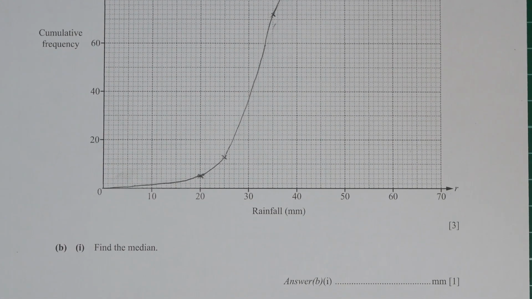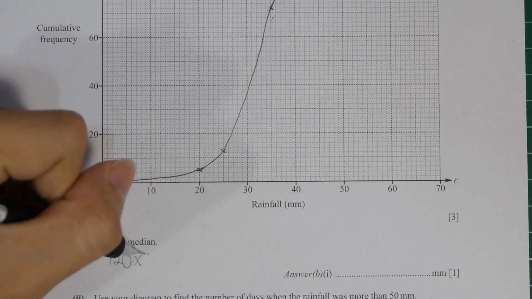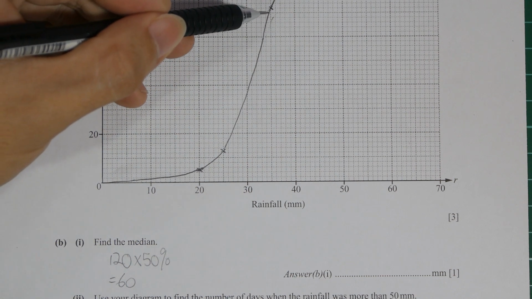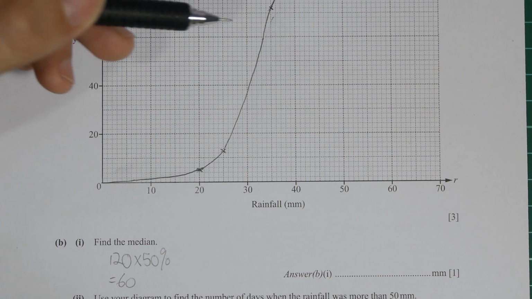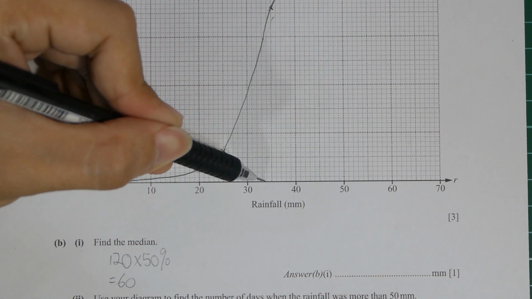So part B, number 1, find the median. So median is 50%. Simply take 120 times 50%, then you get 60. So from the cumulative frequency 60, you draw it down and you will get the result as 33.5.